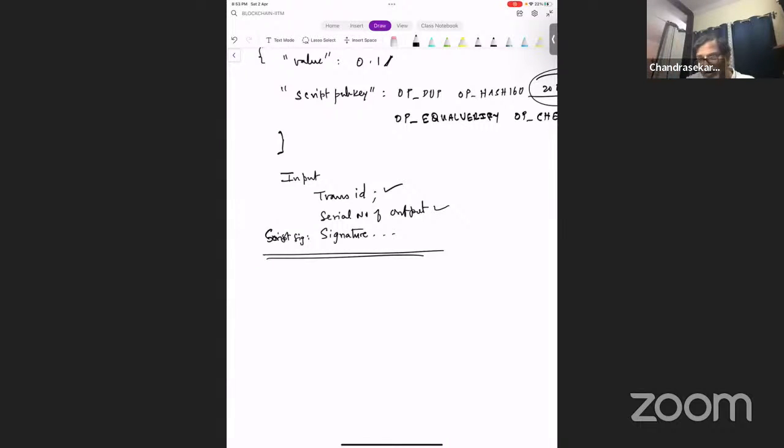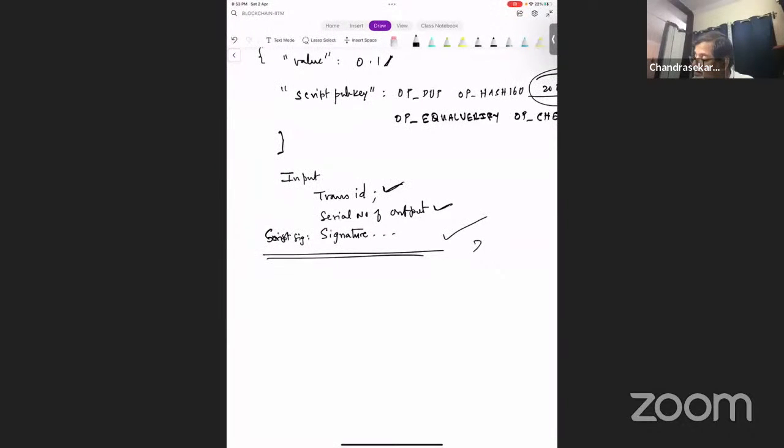Because the signature is to be done on some message, the portion he is referring to. Therefore, this person is authorized to spend the money he got from this transaction ID.